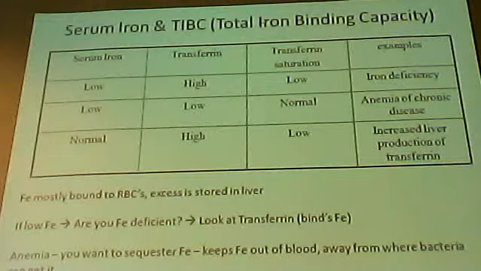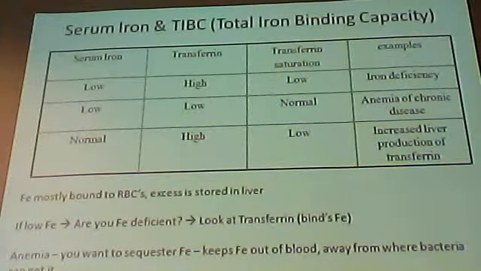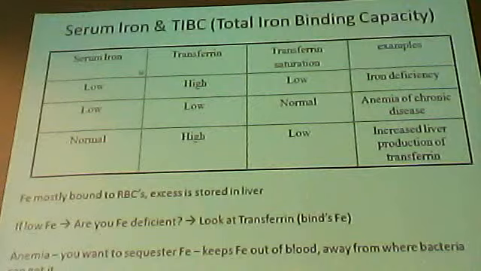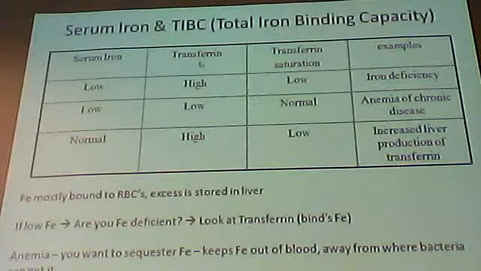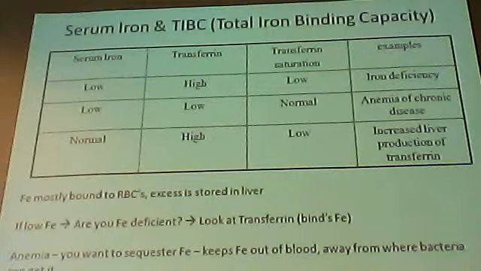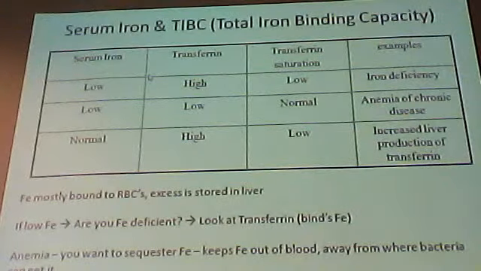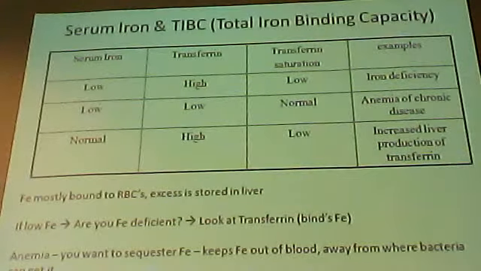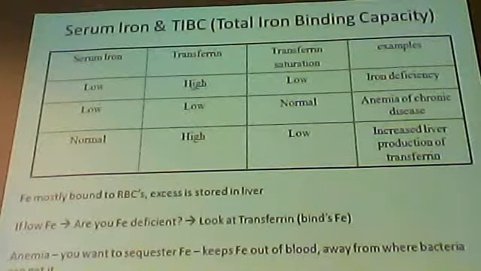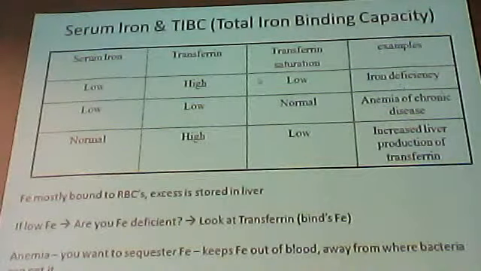Serum iron and total iron binding capacity. This graph shows there are different values for serum iron versus transferrin levels. Transferrin is the carrier for that iron. If you have low iron, so not much to be carried, but high transferrin, so lots of carriers but low saturation, the iron isn't getting picked up by the high amount of carriers.